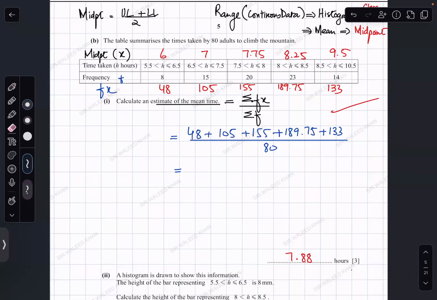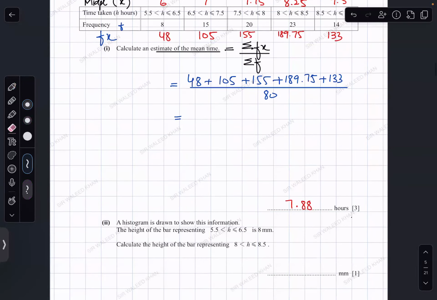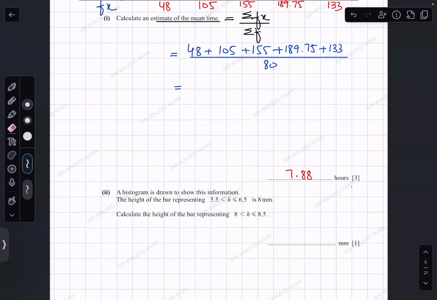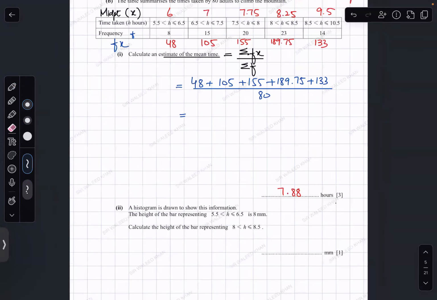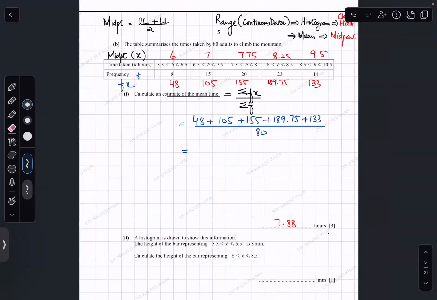Show some working. These are 3 marks questions, working, they will ask you about that. Okay, second part. A histogram is drawn. See, over there, we figured out the midpoint. Now, we have to figure out the class width. So let me copy these values.